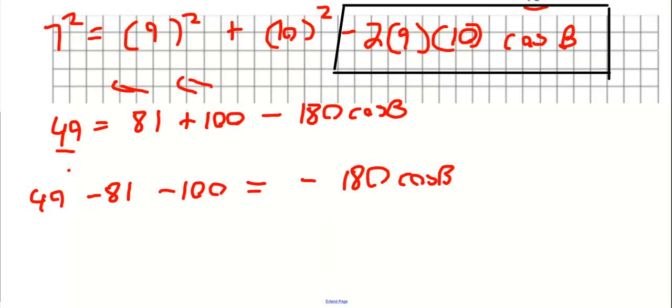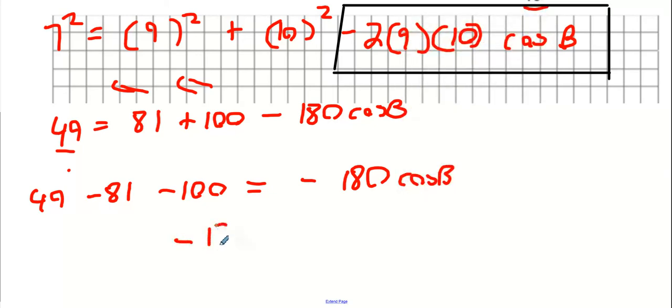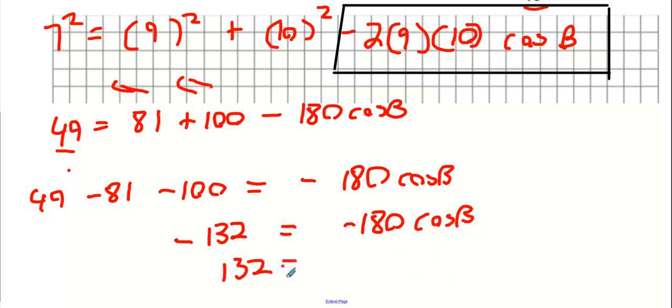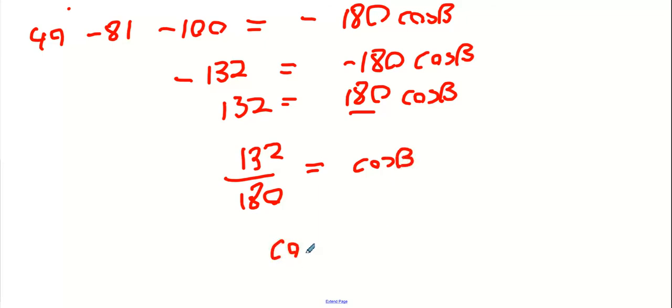Now put this in. So you get 49, take away 81, take away 100, and it's minus 132 equals minus 180 cos b. Multiply both sides by negative: 132 equals 180 cos b. Now you want to get cos b on its own. So 180 is multiplication on the right, which will make it division on the left. So essentially, you have cos b equals 132 over 180.